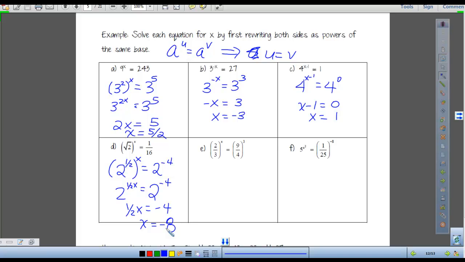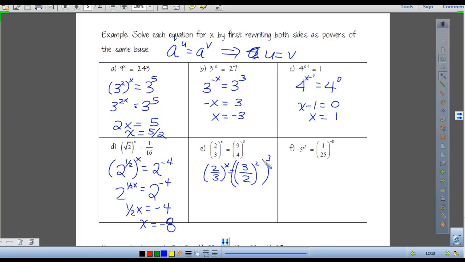All right, see what you can do with E and F on your own. Okay, what did you do with this one? Okay, they weren't quite the same base, but how can I make them the same base? Multiply by negative 1?